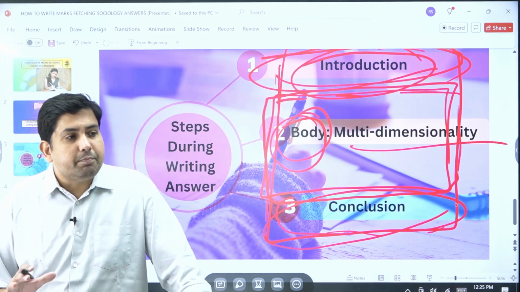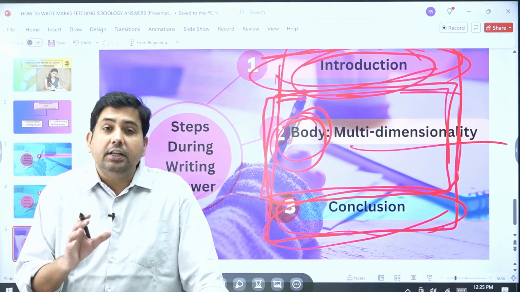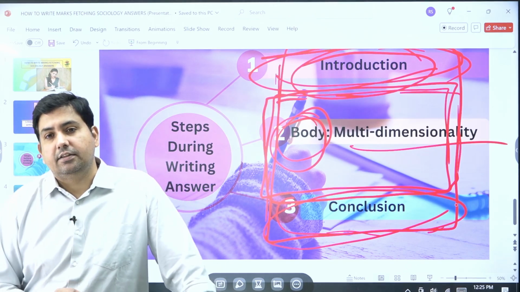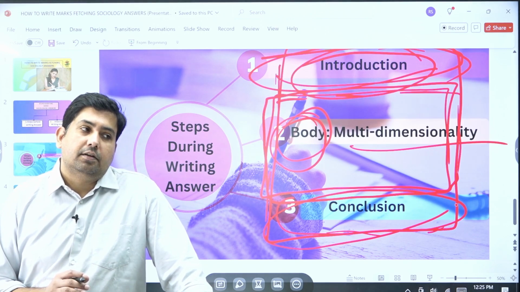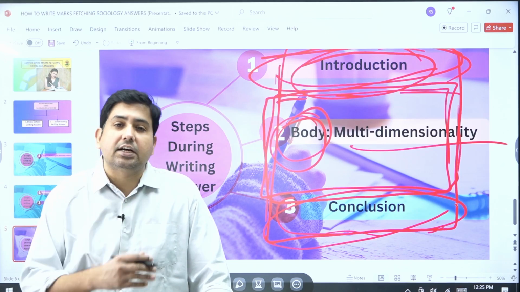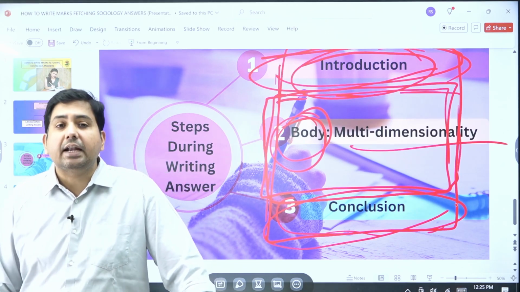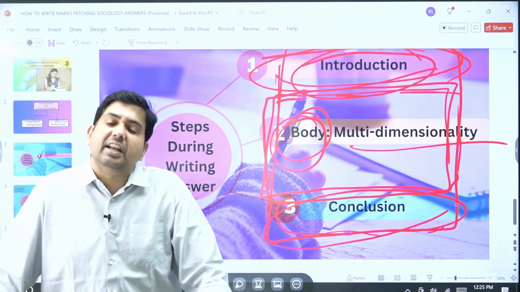Also here you will present arguments logically using subheadings and bullet points. So you will also incorporate, say, thinkers, theories, concepts, current affairs, data, examples. Everything would be part of your main body.